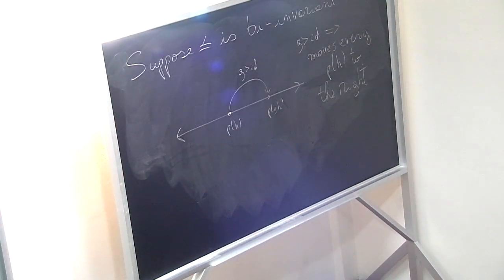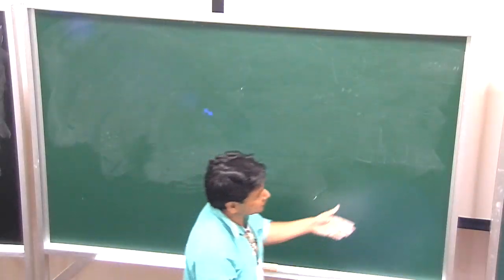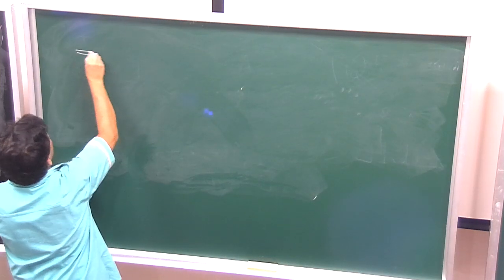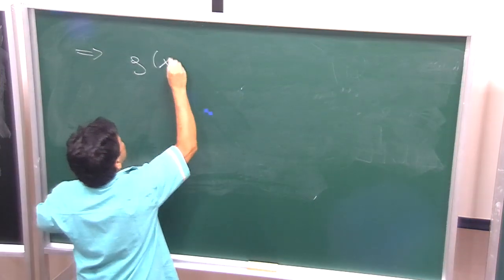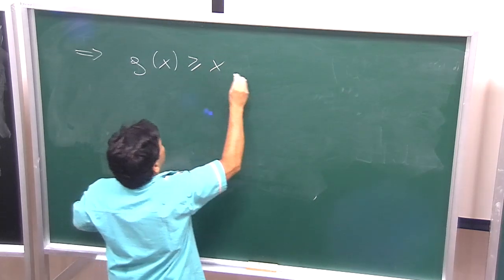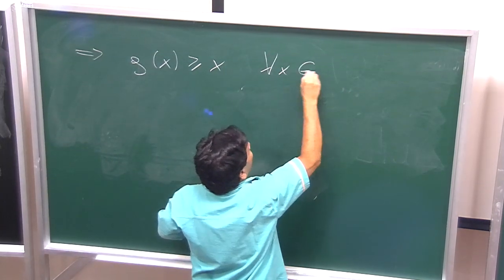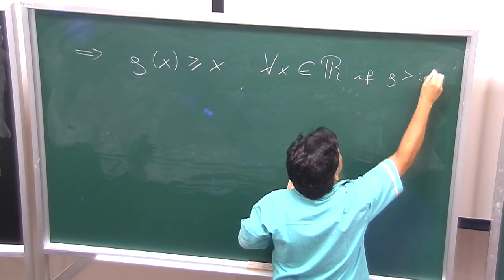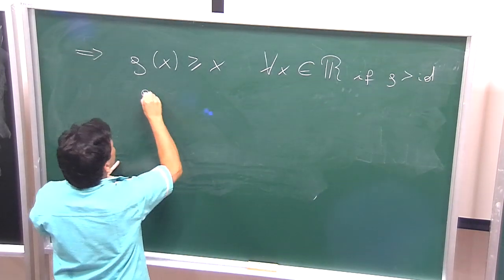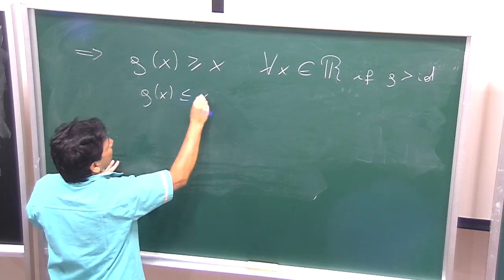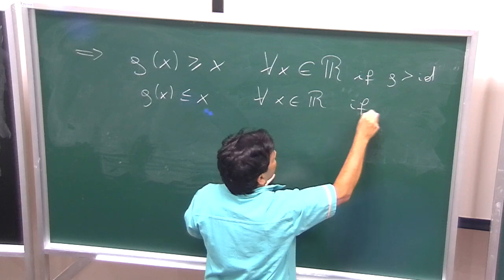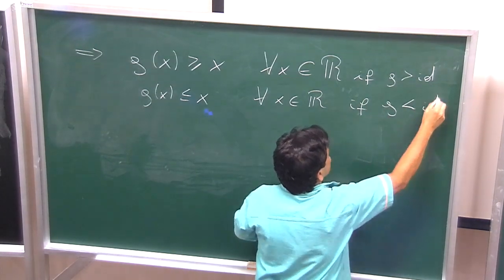So in the dynamical realization, which means the action that we produce starting with the order, you will have g(x) larger or equal than x for every x in R if g is positive, and g(x) smaller or equal than x for every x in R if g is negative.